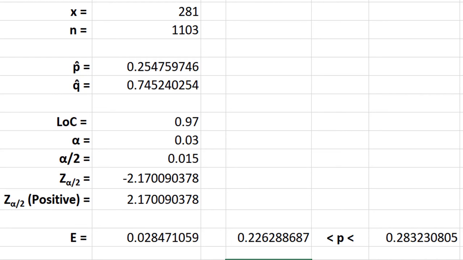Or you could say it as a percent. We can be 97% confident that the percent of those that think that the sun circles the earth is somewhere between 22.63% and 28.32%.